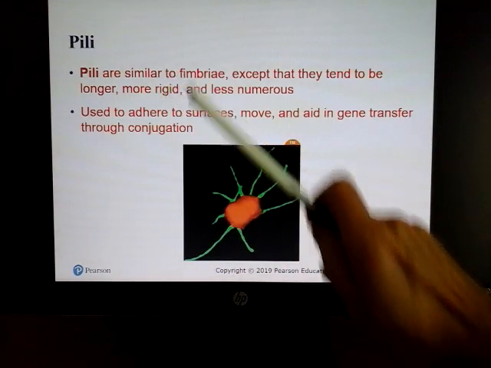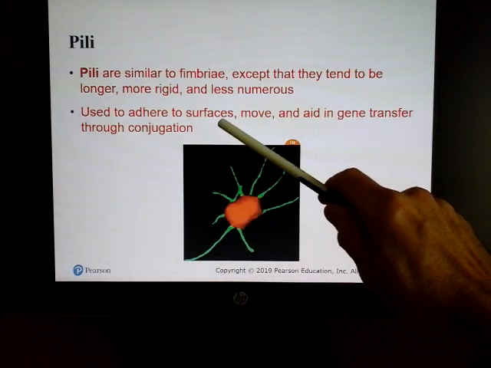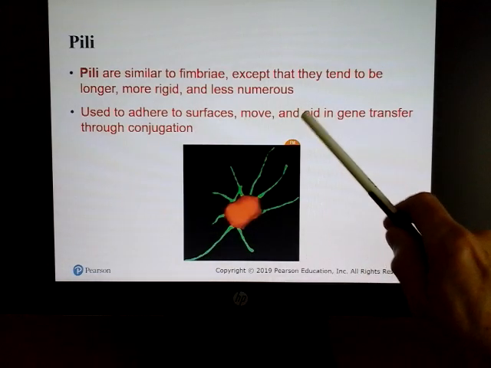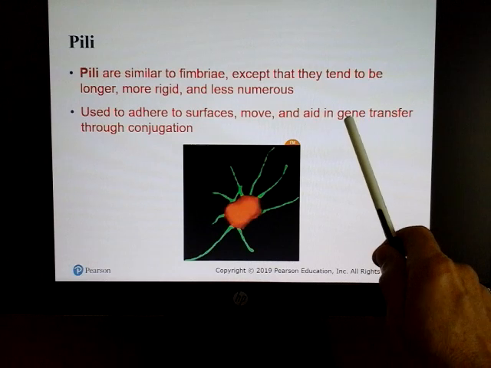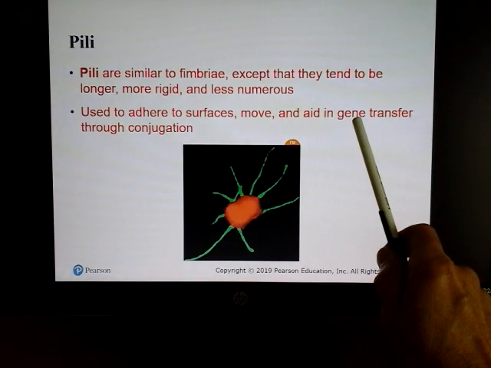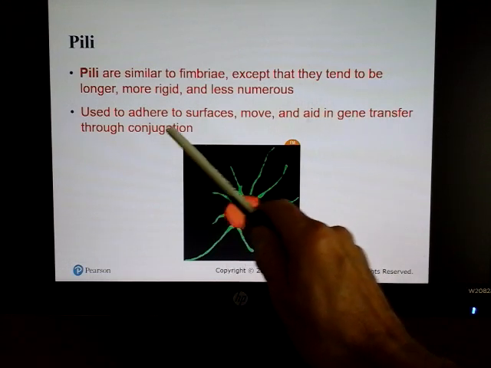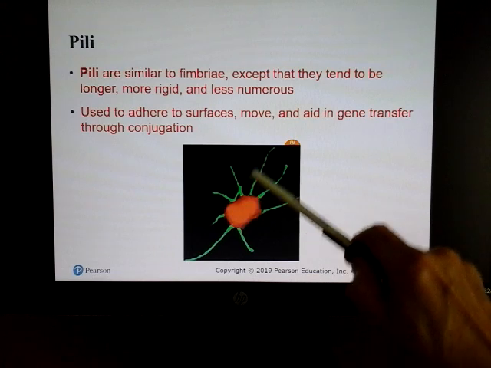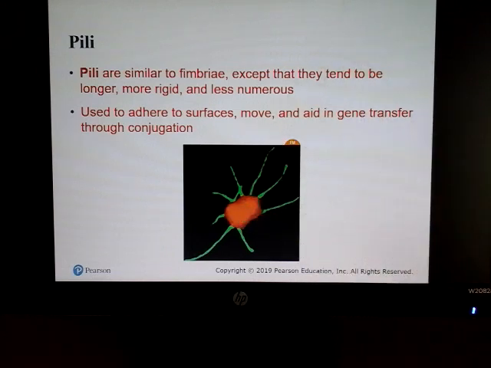They tend to be more rigid, and they will also help things stick. However, the big important thing to know with pili is they help in gene transfer through what's called conjugation. So two bacteria come together, and they can share their genetic information.